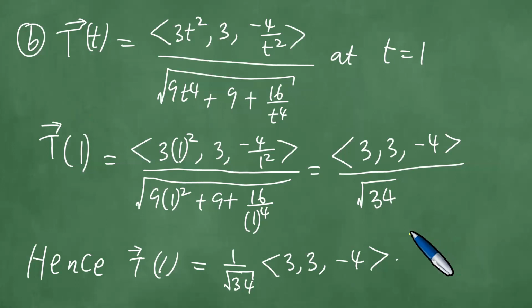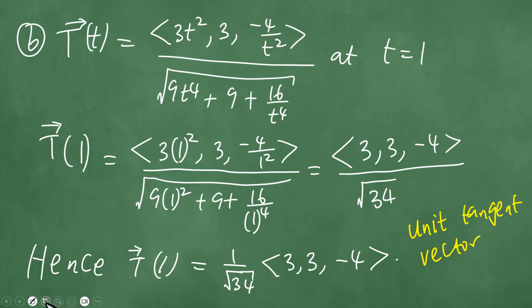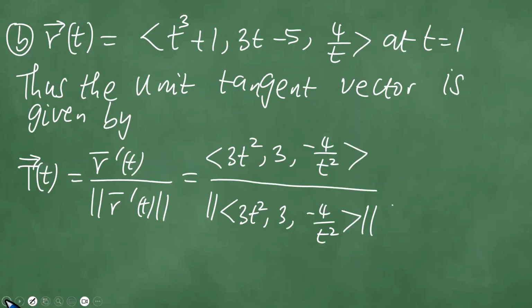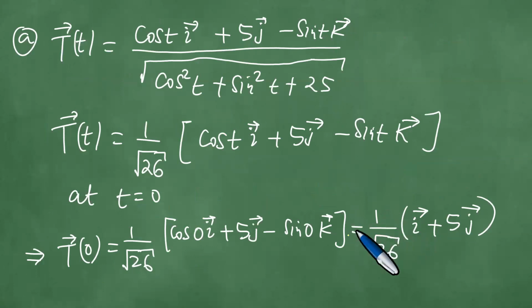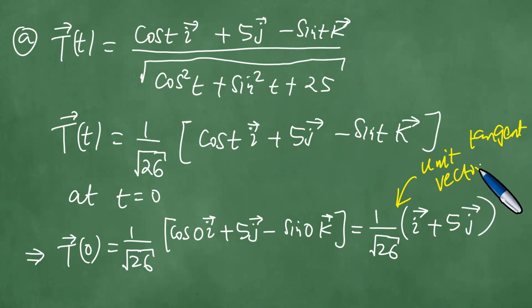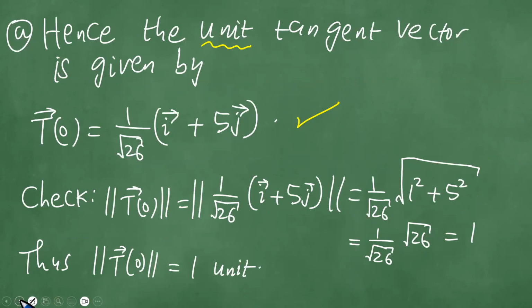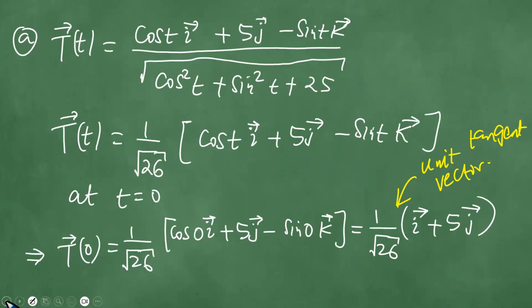It is actually the unit tangent vector for part B. And for part A, we have seen that this one here is the unit tangent vector.